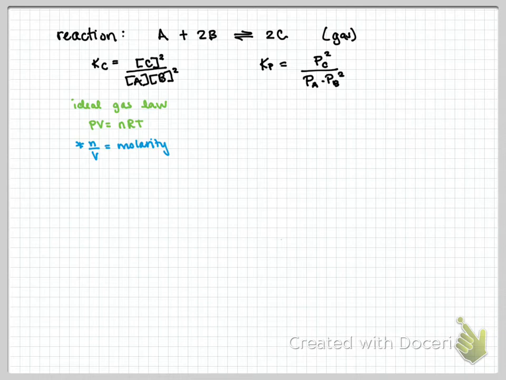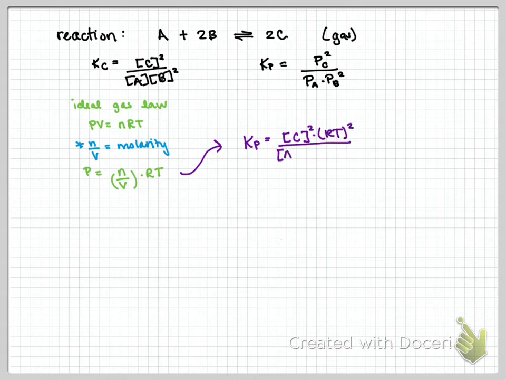So we can think of n over V as molarity, and we can rearrange our ideal gas law to be pressure equals n divided by V, or molarity, times RT. And if we have moles of just one component of our reaction, then the ideal gas law will give us the partial pressure of that one component. So for instance, if we had n sub C, or the number of moles only of C, then the pressure we're calculating would be the pressure of C, or the partial pressure, P sub C.